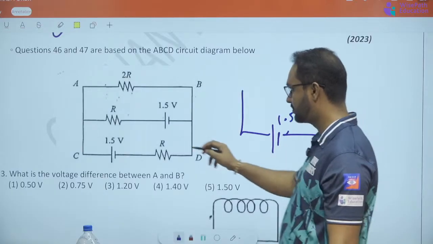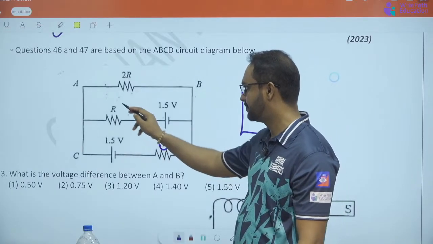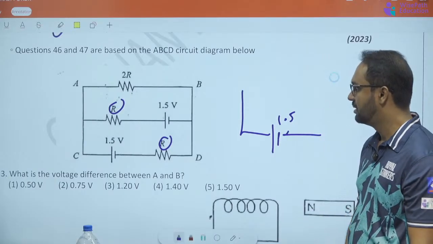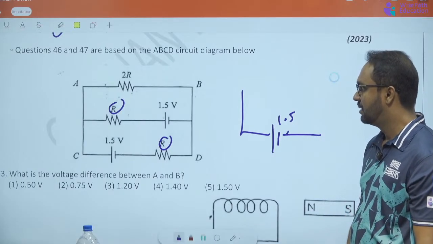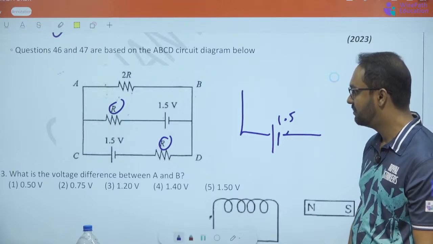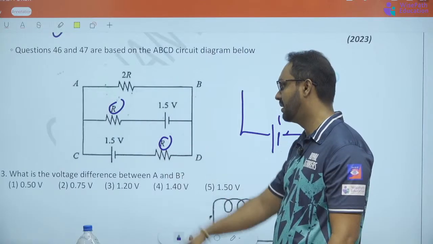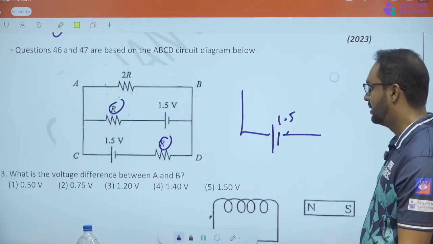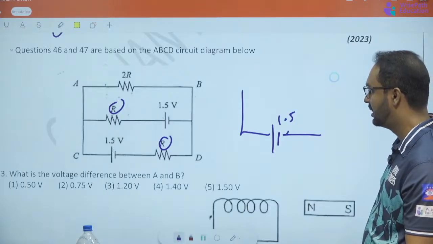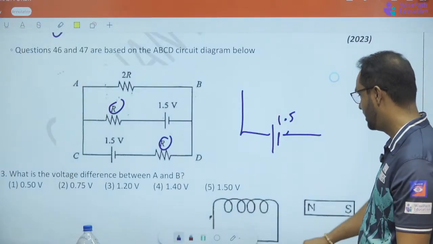These two R's will become a parallel combination now, right? So that will be how much?